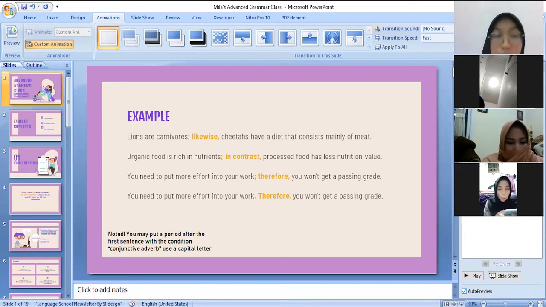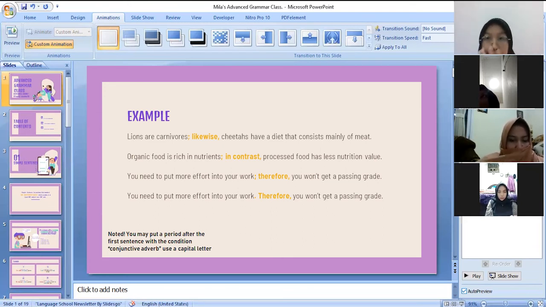Period, capital Therefore, comma, you won't get a passing grade. Jadi kalau pakai semicolon, tanda titik koma, conjunctive adverbnya seperti biasa memakai huruf kecil. Kalau kita pakai titik, conjunctive adverbnya harus pakai huruf kapital setelahnya.